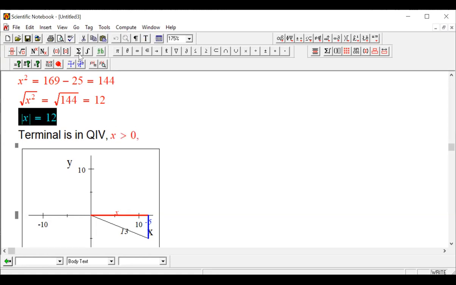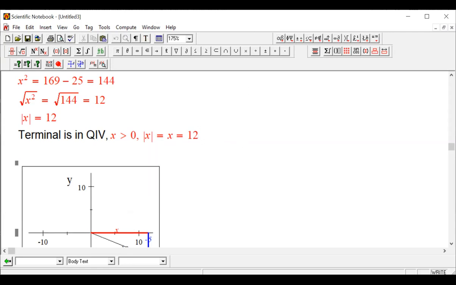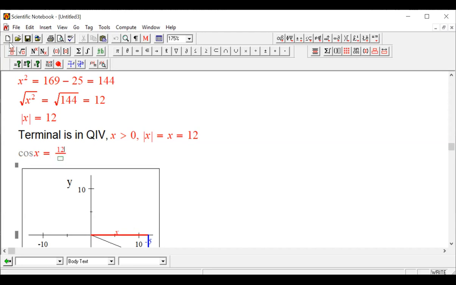If X is positive, the absolute value of a positive number is the same as the number. So X equals 12. As a result, cosine of this angle equals 12 over 13.